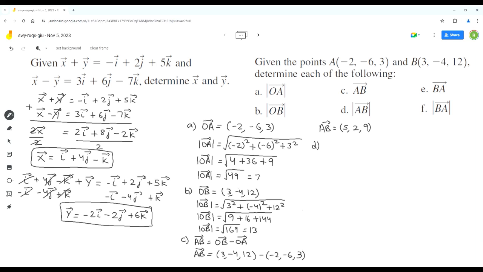Now we can do part D. In part D, we have to find the magnitude of vector AB. So we'll use the vector we found in part C. So we should square the components, add them, and apply square root to the sum.